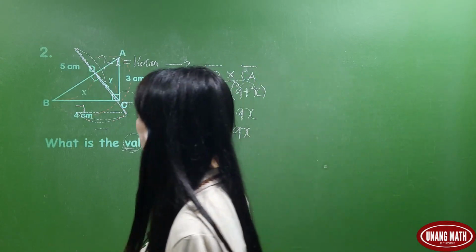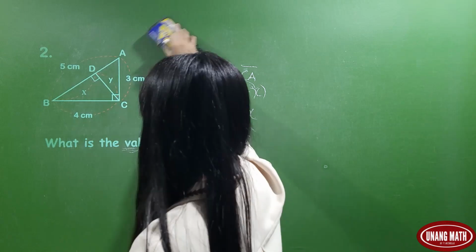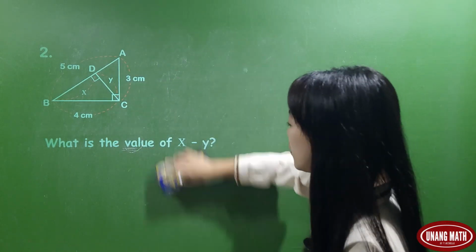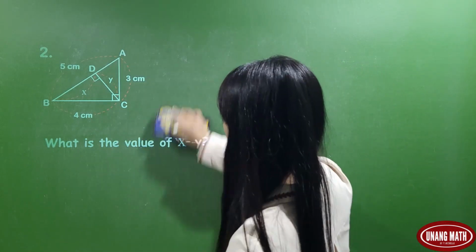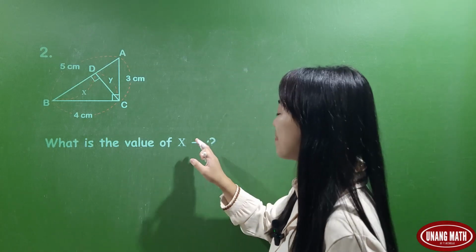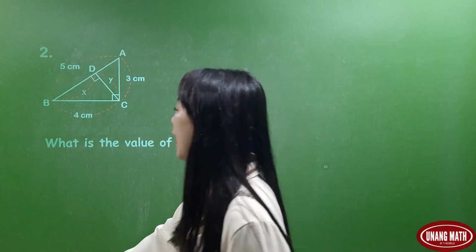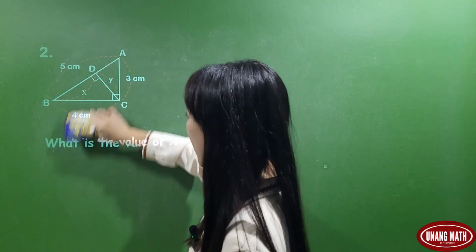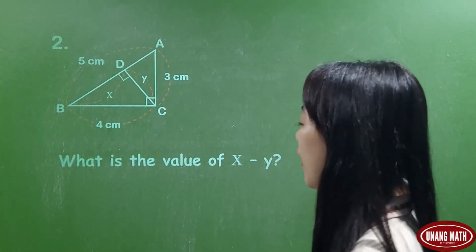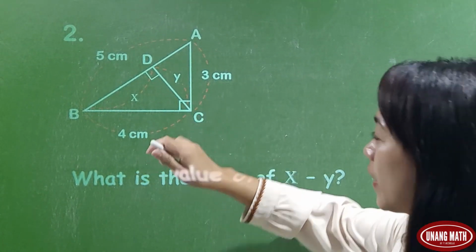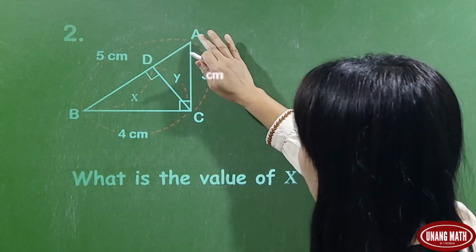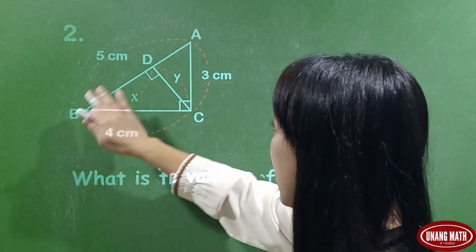Moving on to our second figure, the question is, what will be the value of x minus y? Let's take a look at our figure. This is also a right triangle, and we will name it right triangle ACB.